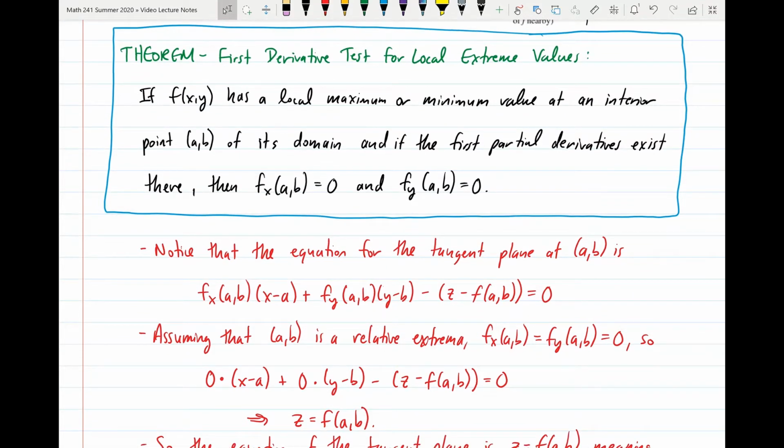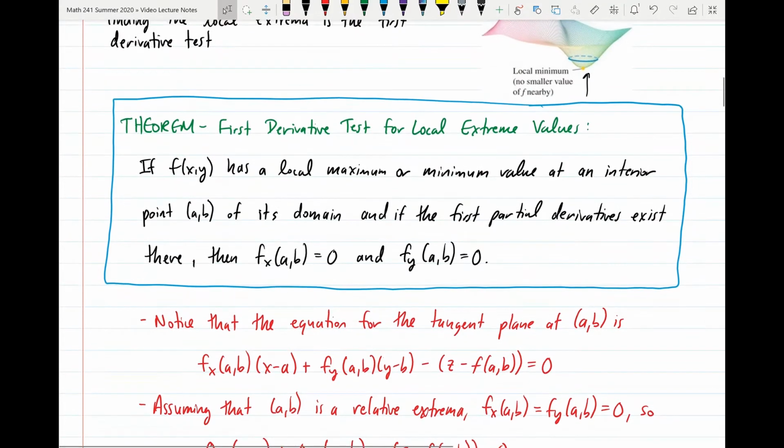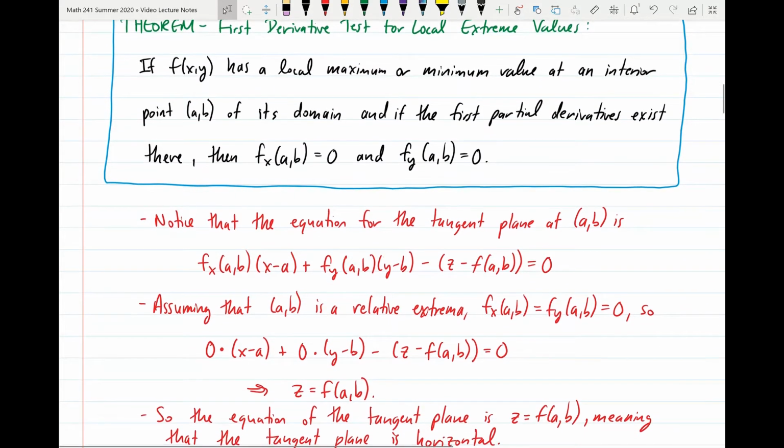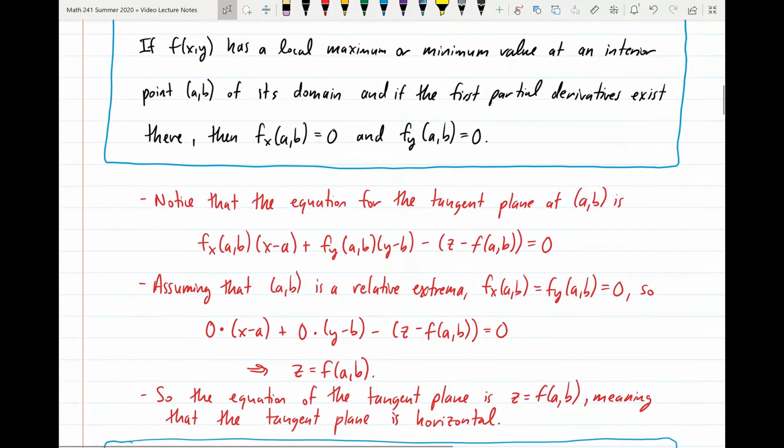So this is similar to the fact that if we have any kind of relative extrema with a function of one variable, like functions from Calculus 1, then the derivative at that point is going to equal 0. Which ends up being why we find critical points in the first place in Calc 1.